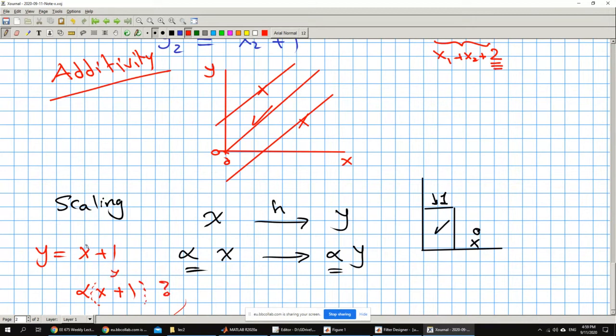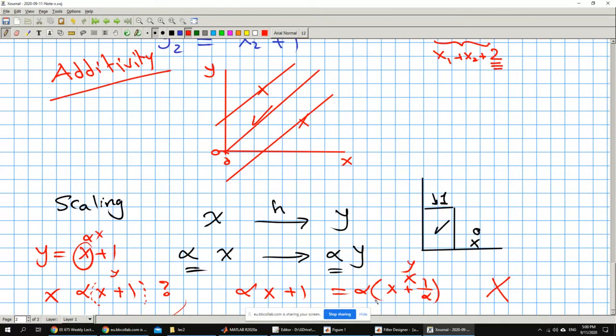If I have alpha X instead of X, can you take alpha as a common factor between alpha X plus 1? You can't. If you take alpha as a common factor, this will be alpha times X plus 1 over alpha. This is not Y. So this does not satisfy the scaling property.